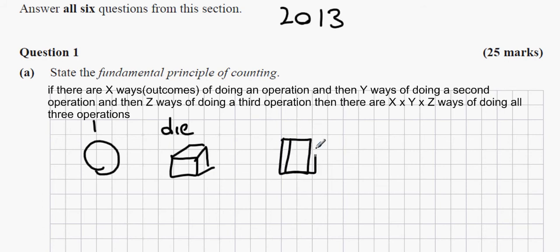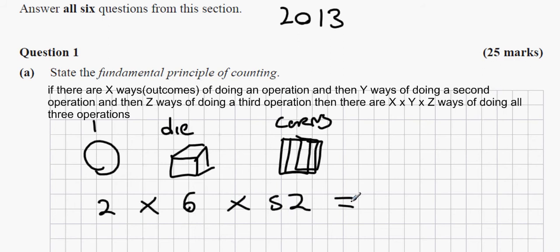If all three operations were done in a row, you have two outcomes for the first, the dice has 6 outcomes, and the pack of cards has 52 outcomes. If you multiply them all by each other, you'd get 624 outcomes in total.